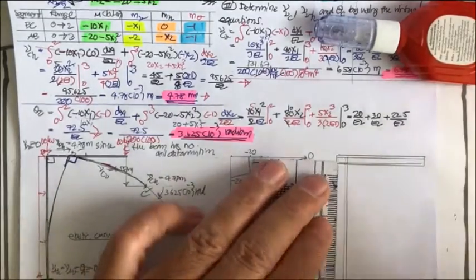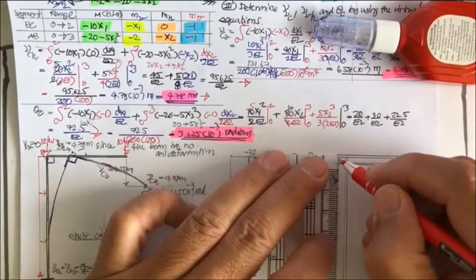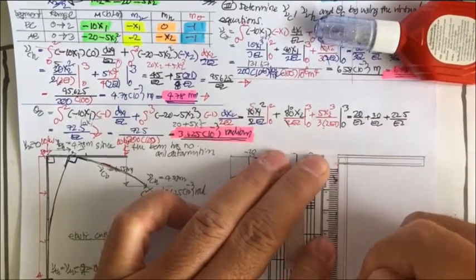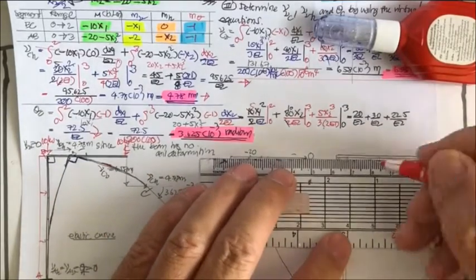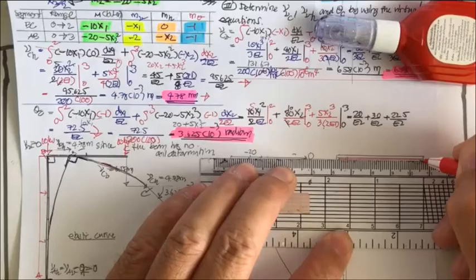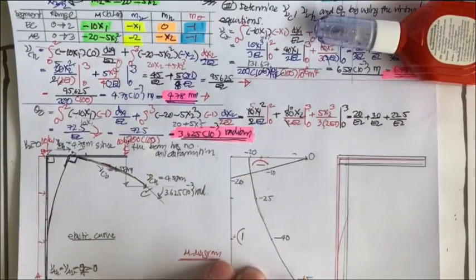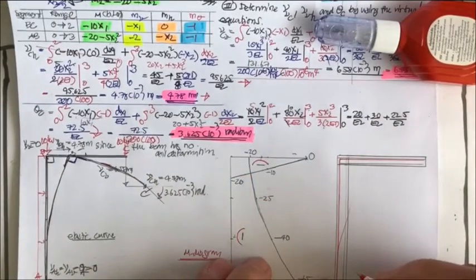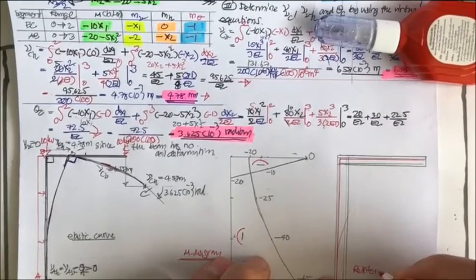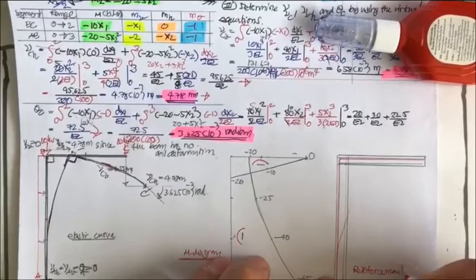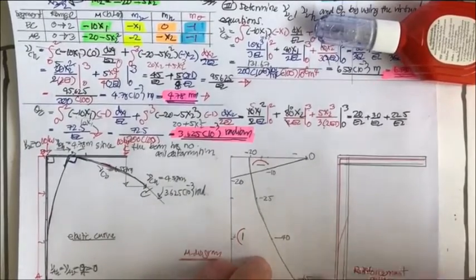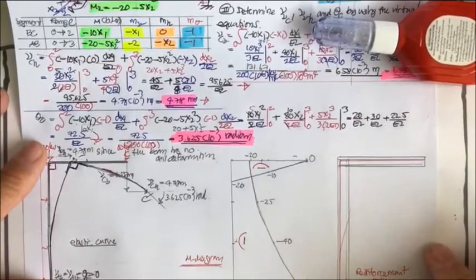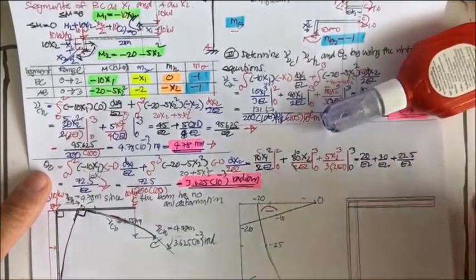So extra reinforcement must be put in this direction and also in this portion of the beam. So this is the reinforcement pattern. Okay, and that's all we can do for this problem.